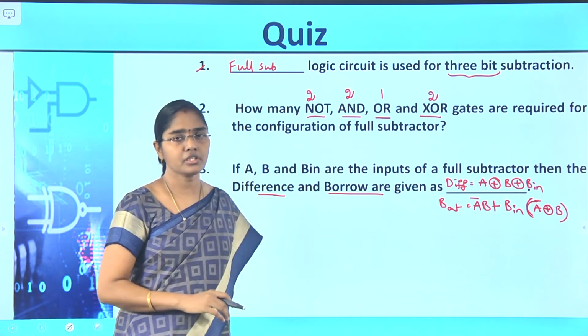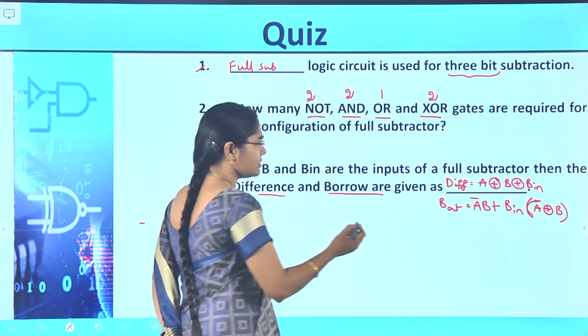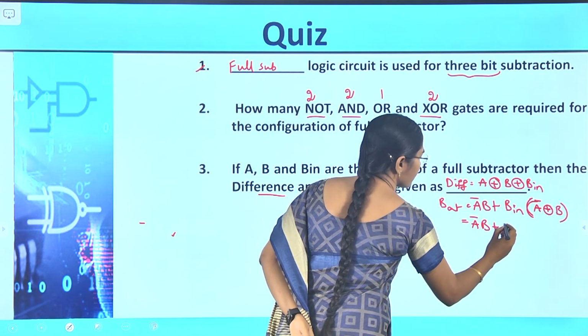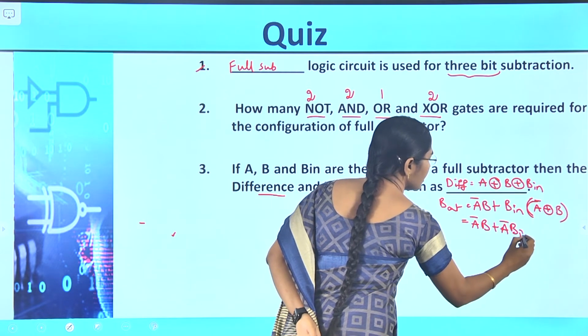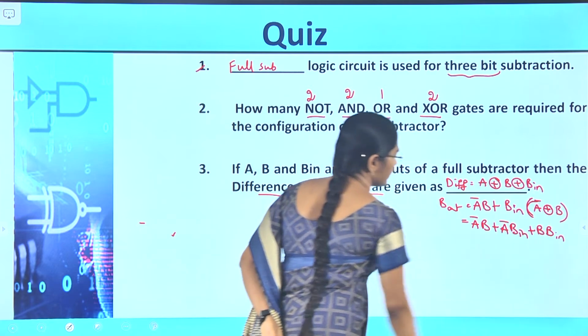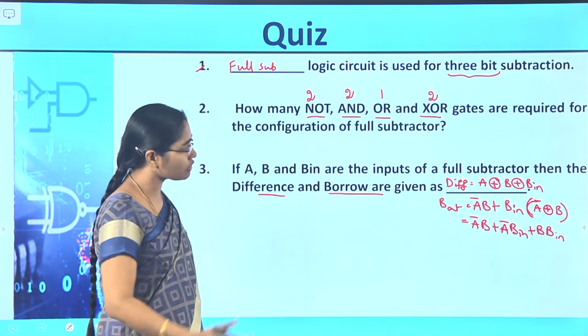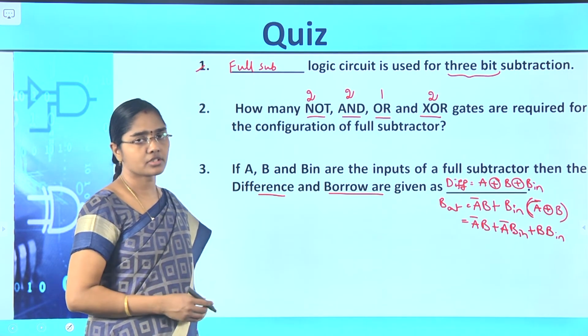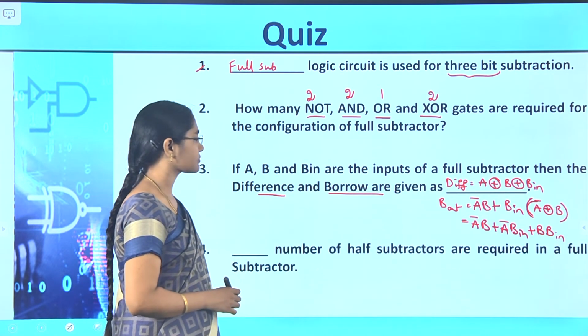Any expression can be used, or simply, a simple expression for B out is A bar B plus A bar B in plus B into B in. That also can be used as the B out expression, that means the borrow expression, for the full subtractor.